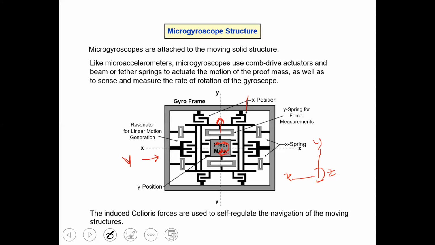So Coriolis principle says that if x is the velocity axis or the drive axis and z is the angular rotational axis, Coriolis force will be generated orthogonal to x and z, that is y, and it will move into this one. Now if we put the comb drives over here, what will happen? It will move in this direction, the gap will be changing, capacitance will be changing.